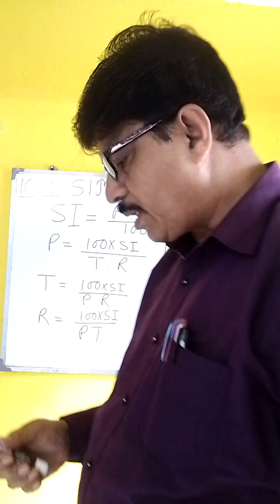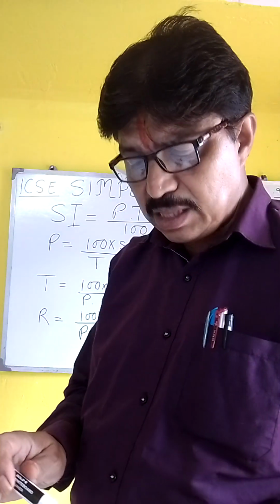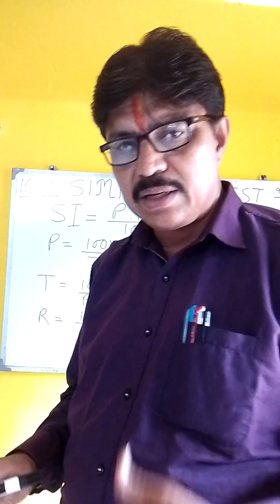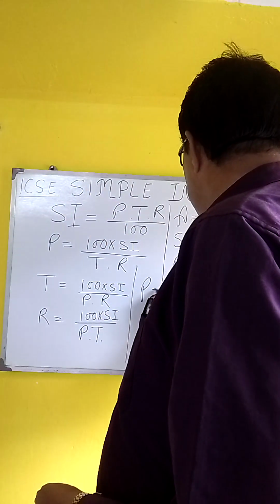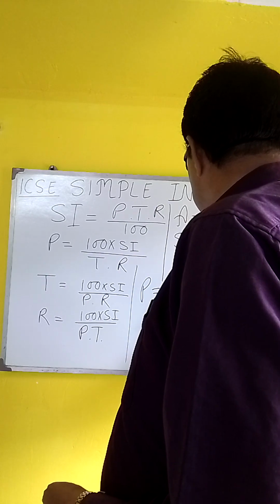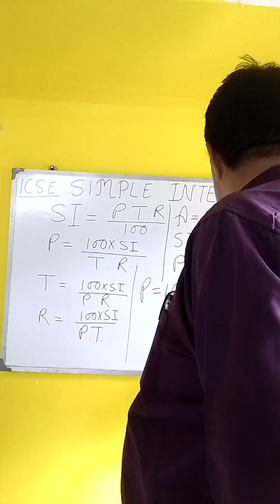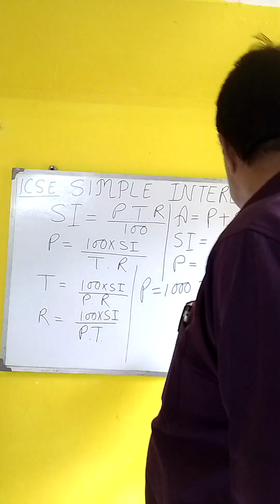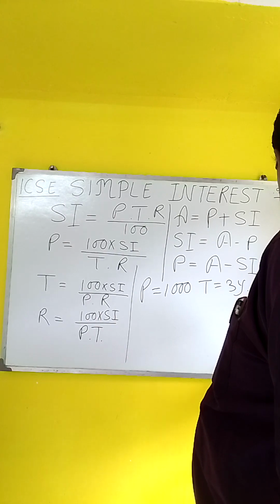When we like to calculate the simple interest for a deposit of money, take P is equal to 1000 rupees, T is equal to 3 years and rate of interest is 10% per annum.